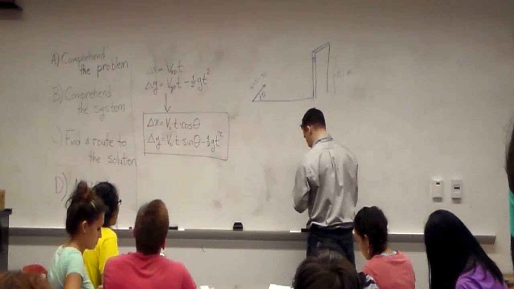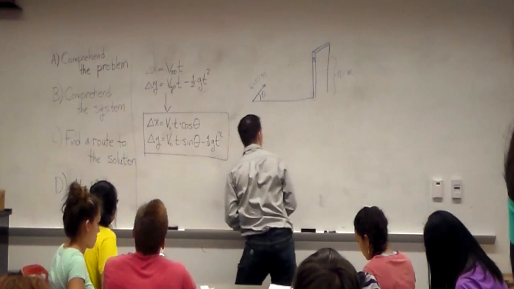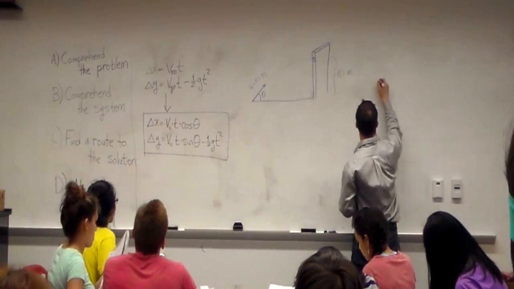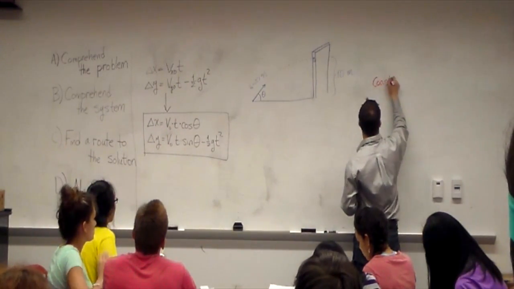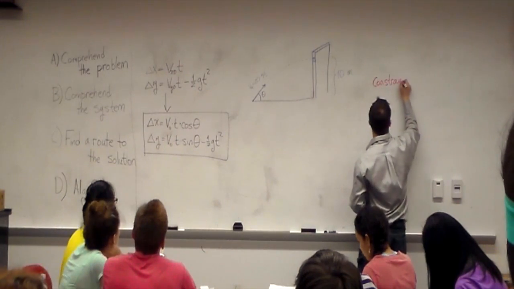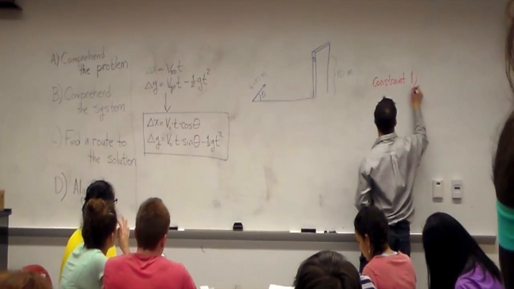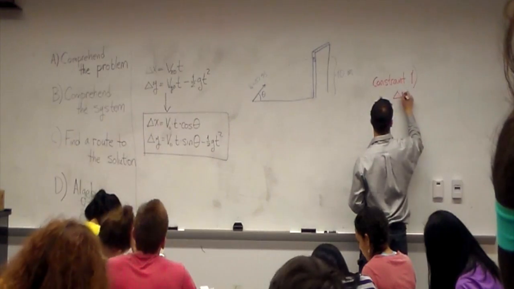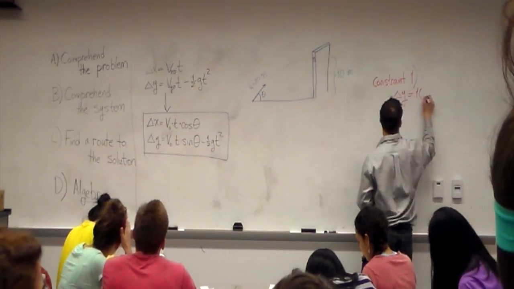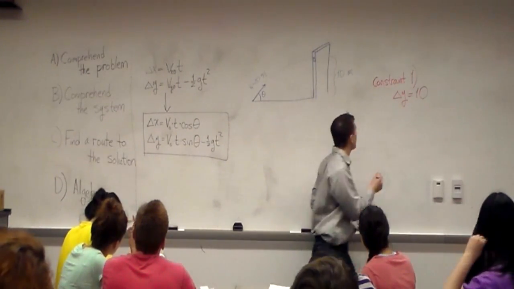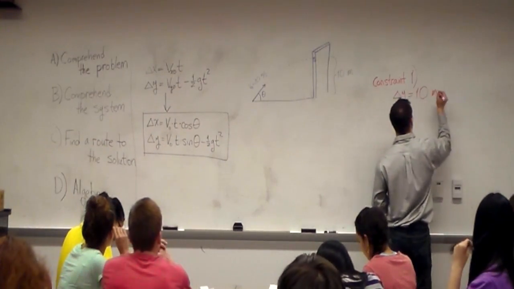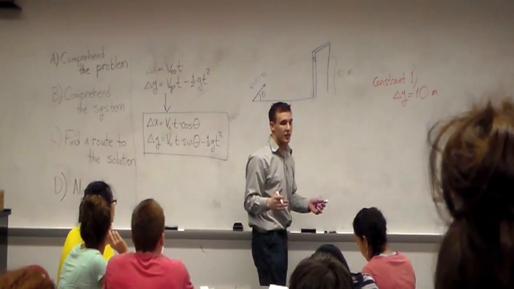Constraint number one, in red: delta y is equal to 10 meters. That's the first condition.